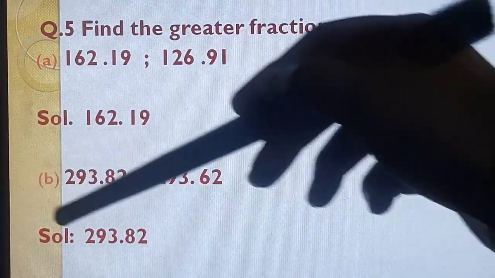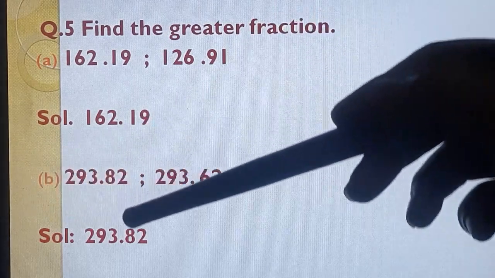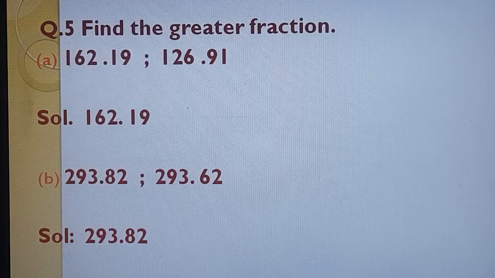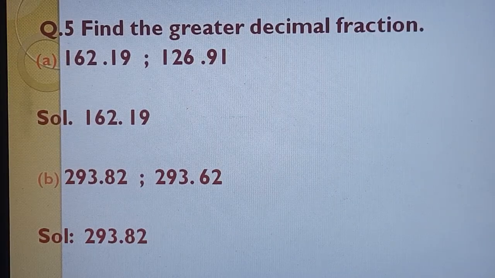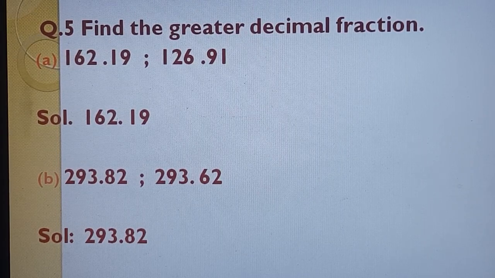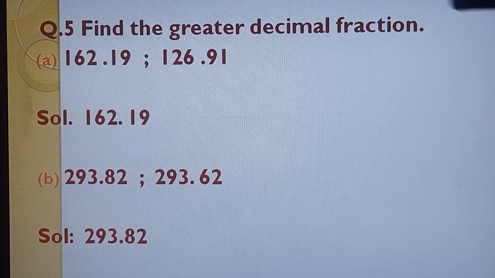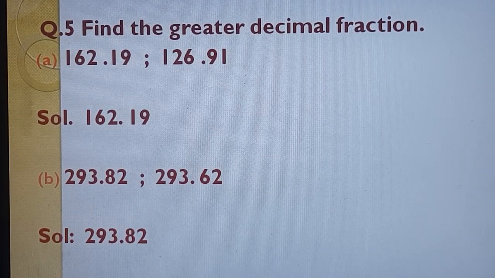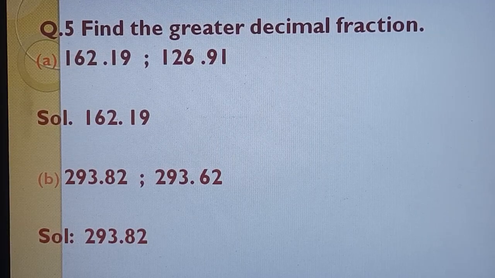So the greater fraction will become 293.82. But actually the question is given in your book as find the greater fraction. When you solve it in your practice, write it as find the greater decimal fraction. These are basically decimal numbers.